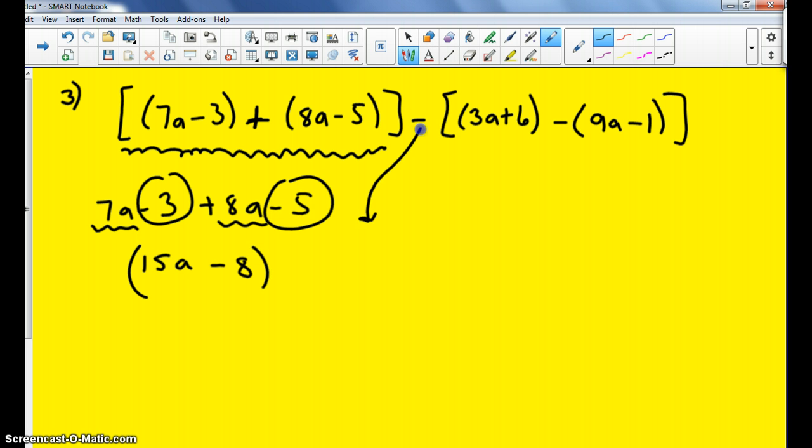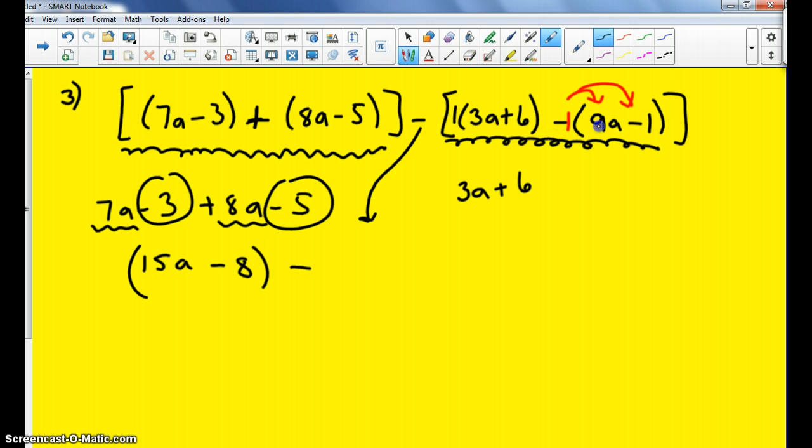All right, and now I'm going to put this back in parentheses because I still have this minus that I'm going to bring down. I'm not using it yet. And then I'm going to work simply this part. But this part I just can't bring down exactly what I see. Why not? Because there's a minus or negative 1 that I have to distribute through right here. There's a positive 1 that doesn't change anything here. So I have 3a plus 6.